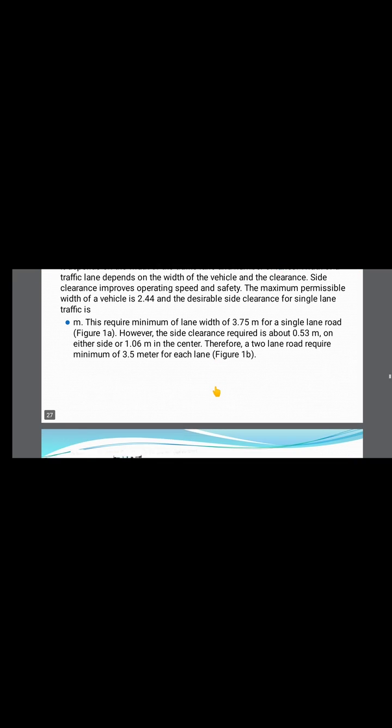So whichever vehicle you manufacture, that width should be less than 2.44. Based on that, the width for a single lane is 3.75. How is it 3.75? It is the width of the vehicle plus the clearance on the left hand side and the clearance on the right hand side.